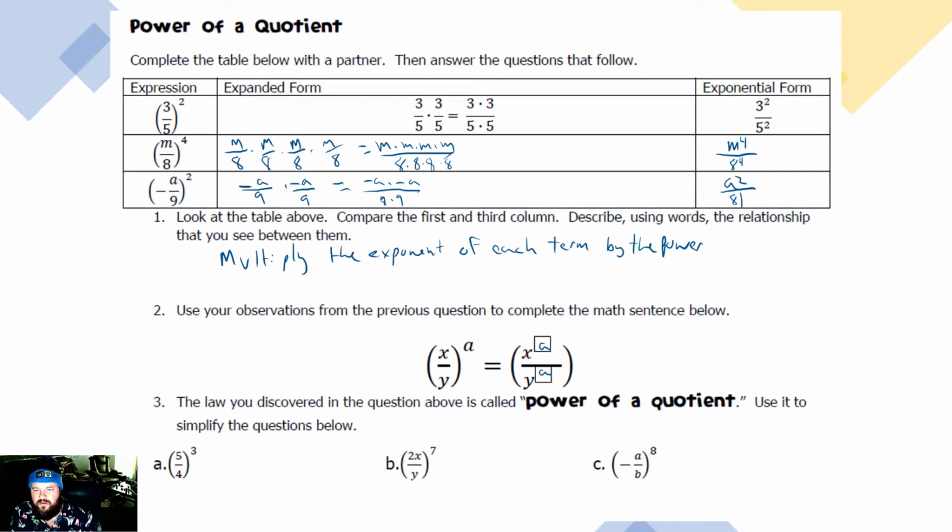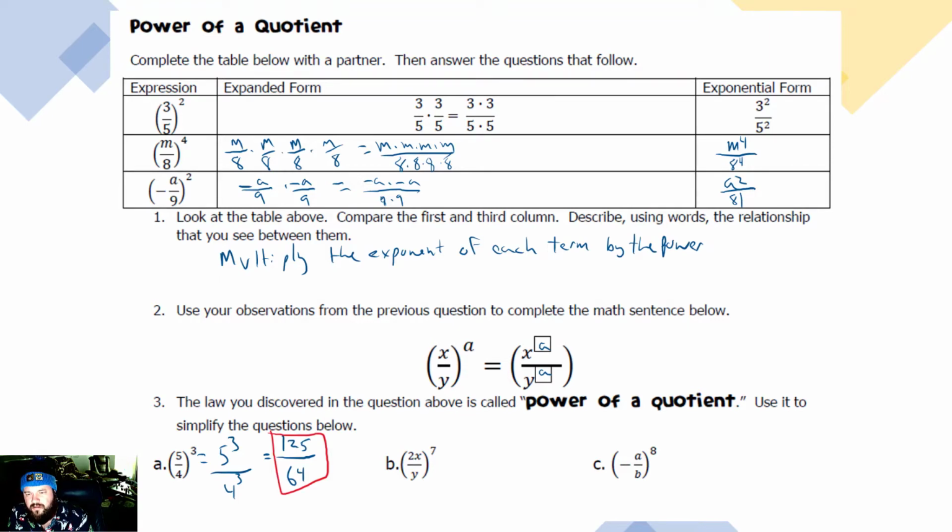The law discovered in the question above is the power of the quotient. So use it to explain the problems below. So we should have here distributed in there. So we get 5 to the third divided by 4 to the third, which is the same thing as saying 125 over 64.